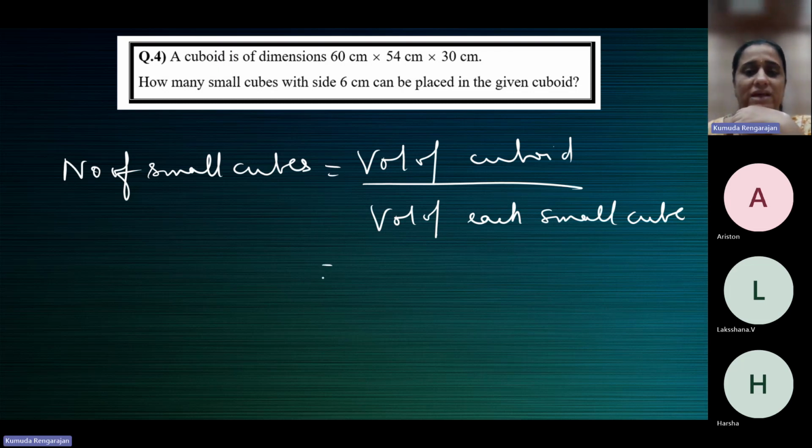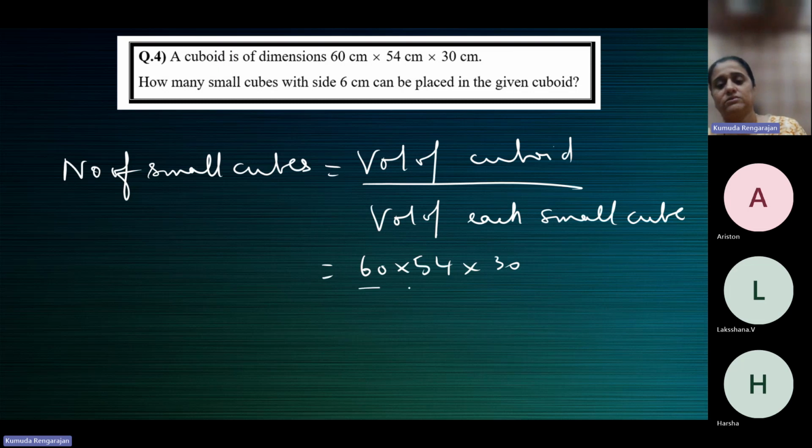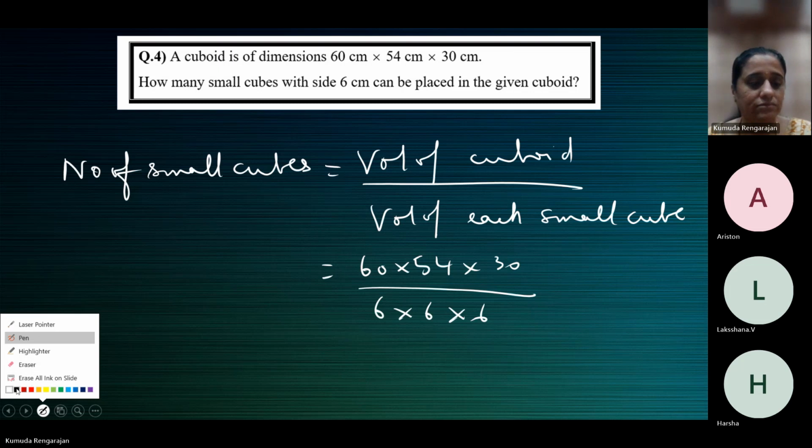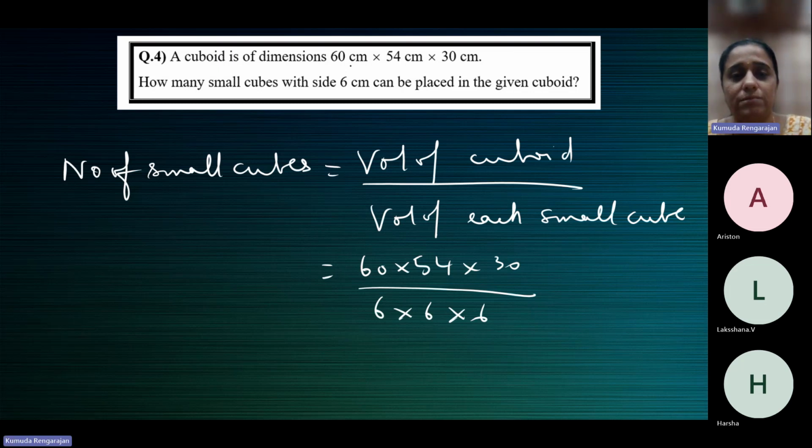For the cuboid, the formula is L into B into H, so 60 into 54 into 30. And the volume of a cube is a cubed, 6 into 6 into 6. Both are in centimeters, the dimensions of the cuboid and the edge of the cube, so we don't have to convert anything.